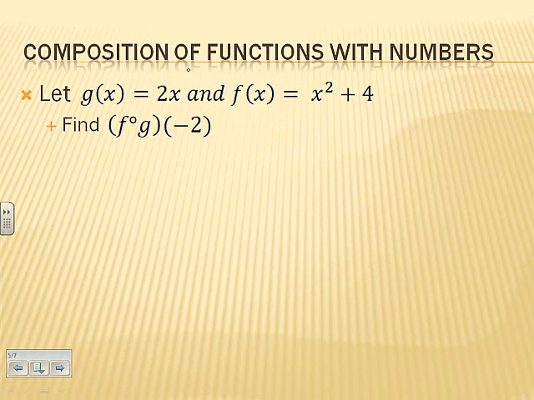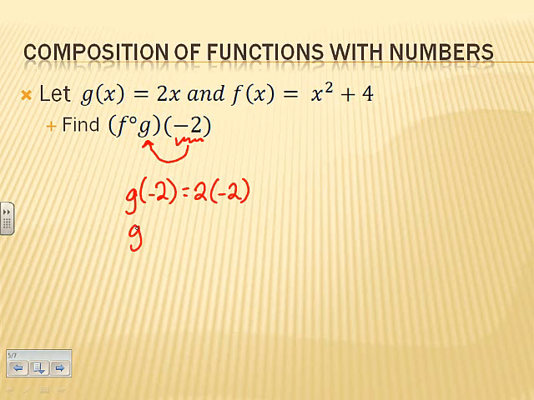You can also do compositions of functions with a number here. All this means is we're going to take the negative 2 and we're going to plug it into the g function first. So we're going to say g of negative 2 equals 2 times negative 2, telling us that g of negative 2 equals negative 4.